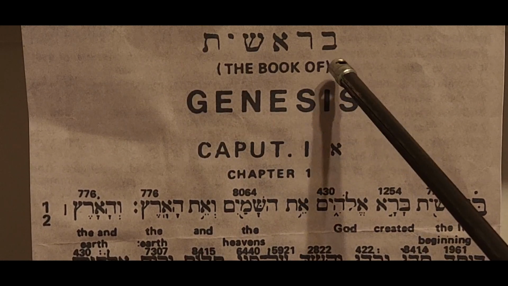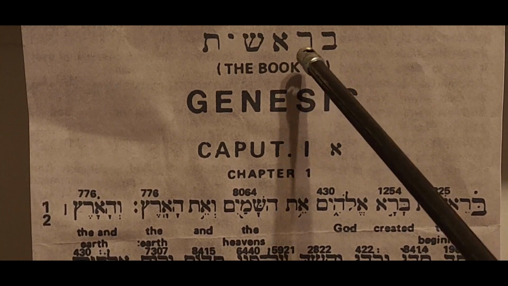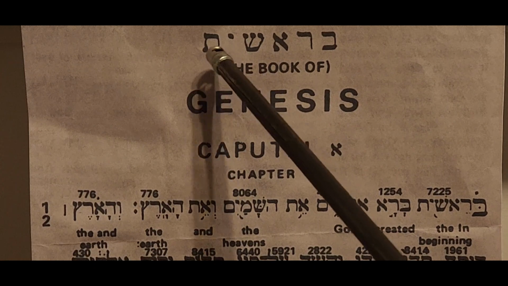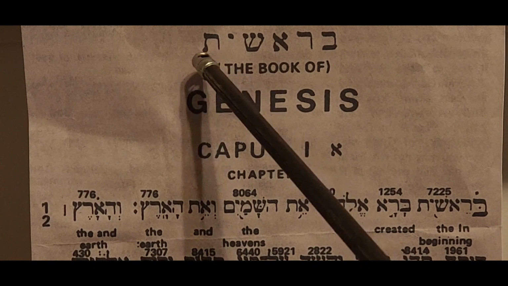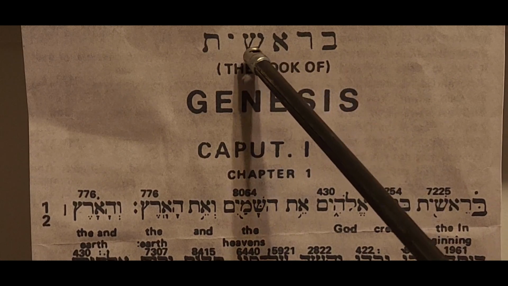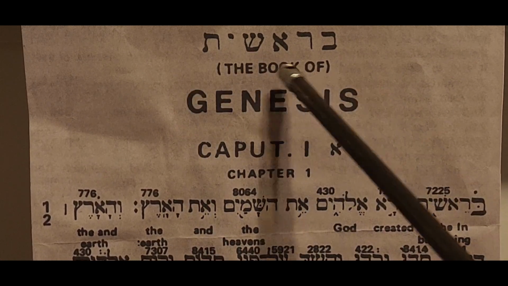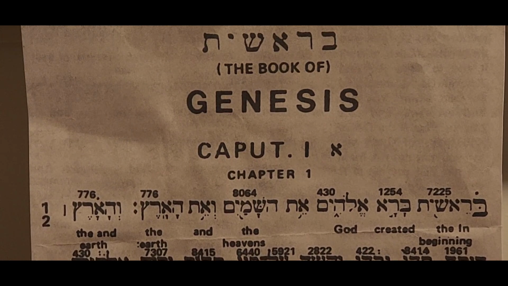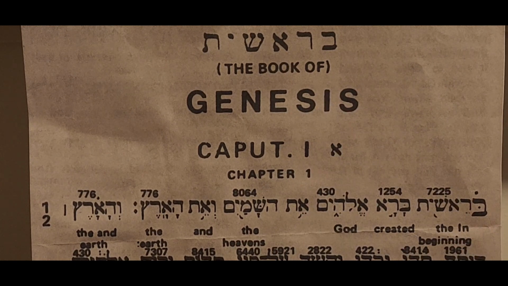So if we say the letters B, R, A, Sh, I, T, or Th, this is Bereshit, which means literally in the beginning. And the English translators would translate this as Genesis.